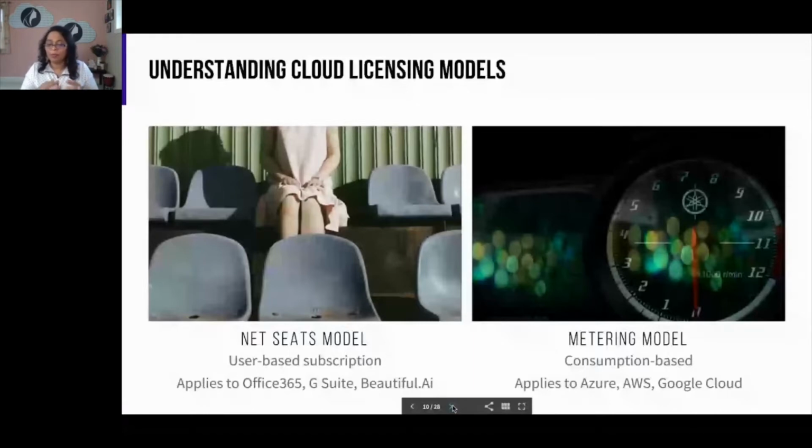The net seats model allows you to license your product on a user-based subscription on a monthly or a yearly basis. So that's the first model. The second model is the metering model, which is a consumption model, which applies to Azure or AWS, Google Cloud, and some of the other technology solutions, which are based on consumption usage.